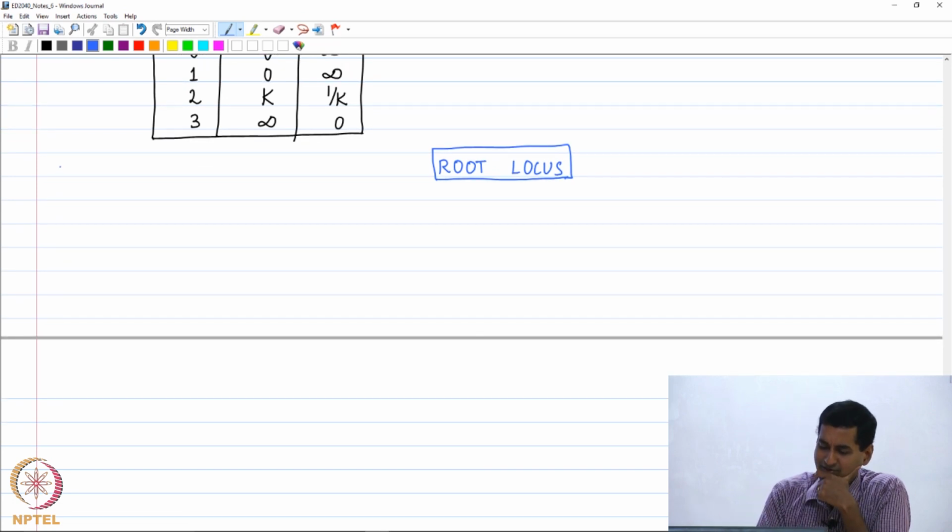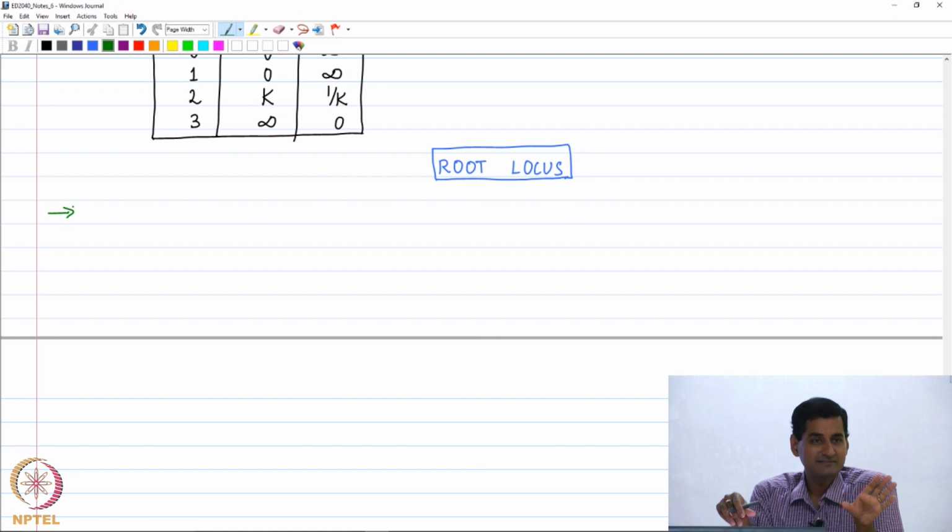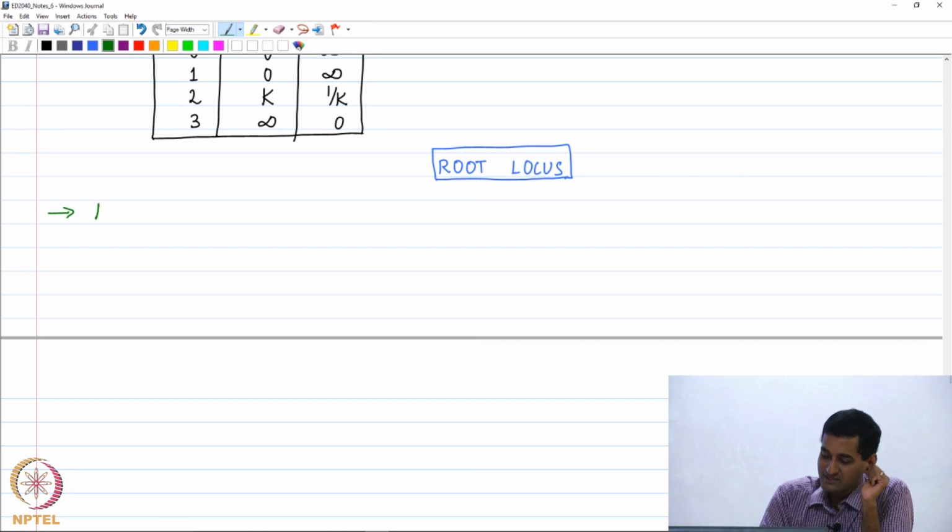So what do we mean by root locus? As the term indicates, it is a locus of some root. All of us know what locus means, right? It's just a trace of something as a parameter is varied. So that's what we call a locus. So what is root locus?